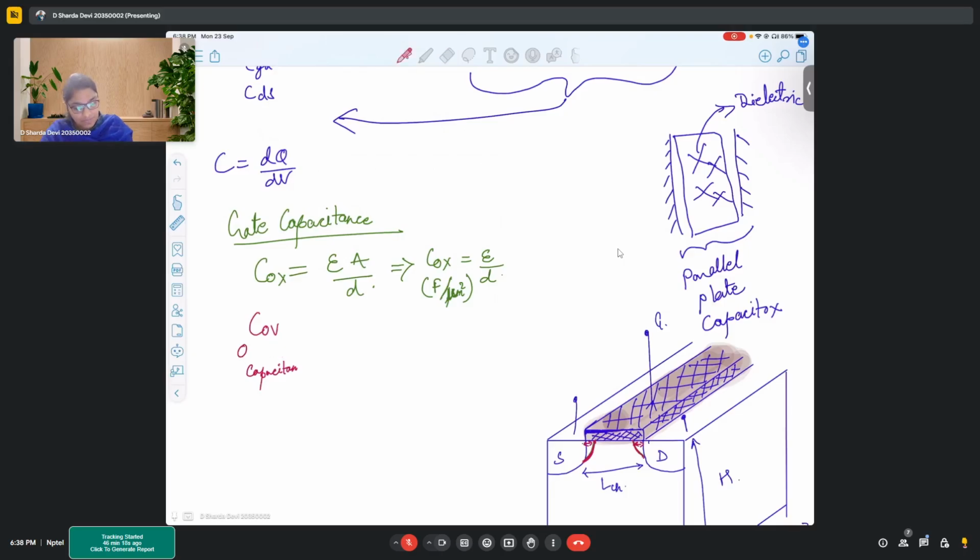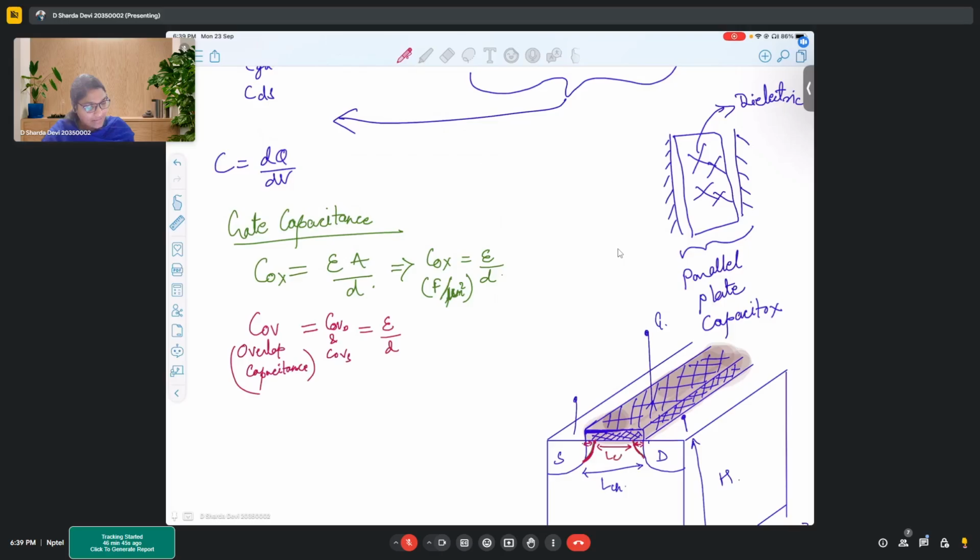So overlap between your gate and source region and gate and drain region. So this can be COVD and COVS, but we treat it in the same way, that is epsilon by D. And also mind you that now your effective gate length is actually this.